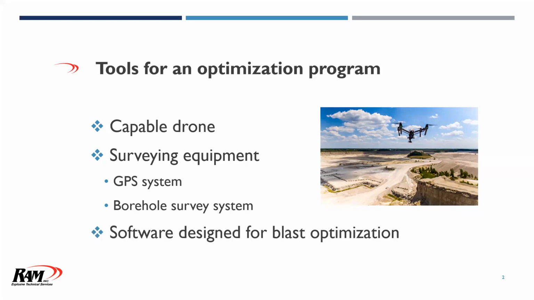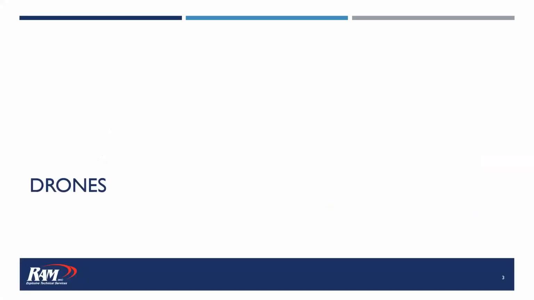Along with this, we're also going to talk about a very key component, and that's the software that's designed specifically for blast optimization, the design, the planning, the analysis, all the way through, and how this is really one of the key components of all this to be able to manage all of this and be able to go in and assess and optimize your blasts.